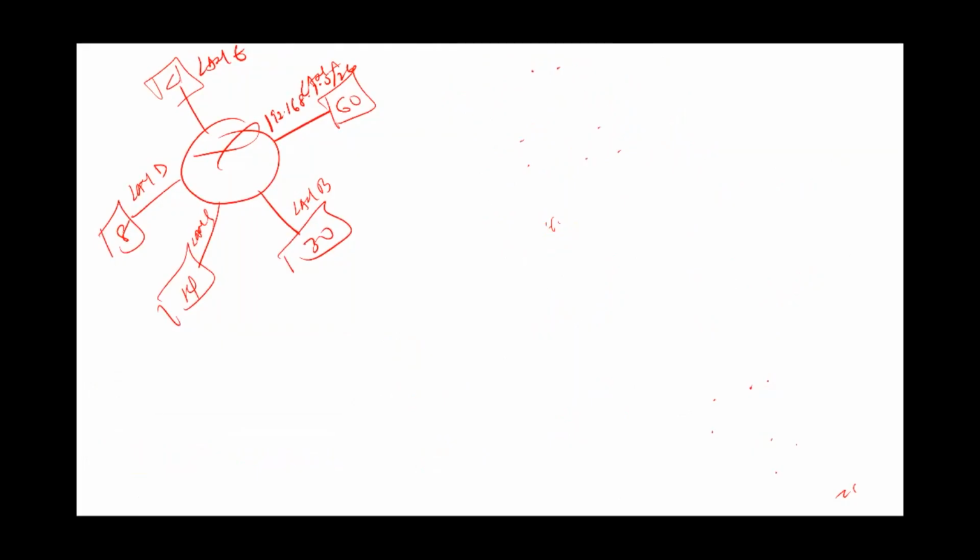So the subnet we're talking about right now is 192.168.1.64. Don't forget, this is /26. What is the meaning of /26? 255.255.255 dot, that will be 128 plus 64, because we borrowed 2 bits and turned them to 1.